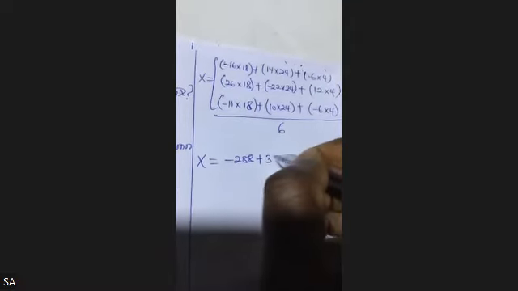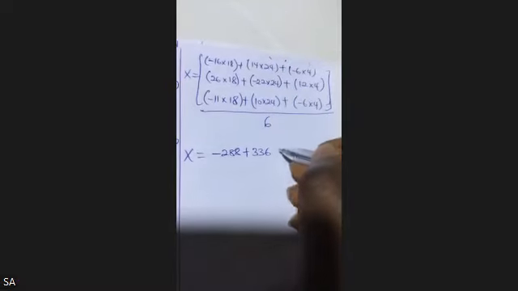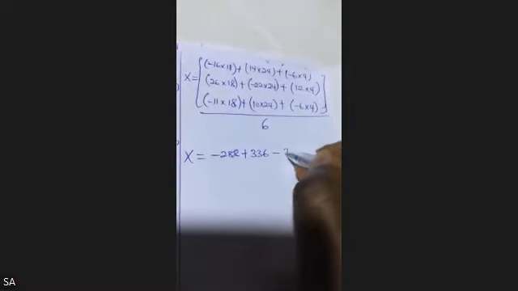We have minus 288. So this is minus 288 plus 14 times 24, which is 336. Minus, since plus times minus is minus, 6 times 4 is 24.